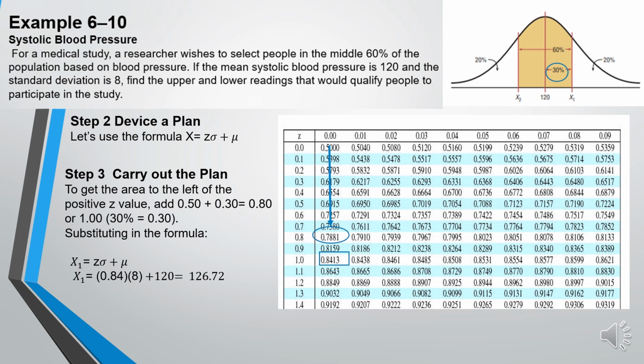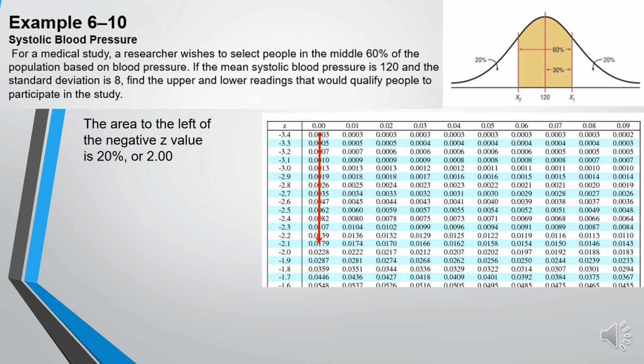So x sub 1 is equal to z times standard deviation plus the mean. So the z is equal to 0.84 times the standard deviation, which is 8, plus 120, which is the mean. So it is equal to 126.72.